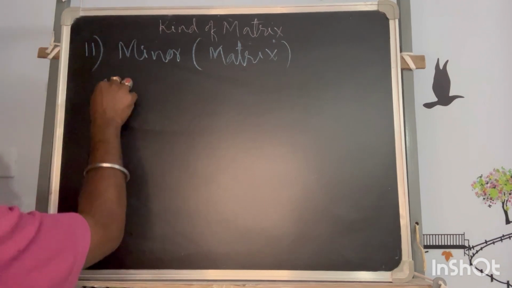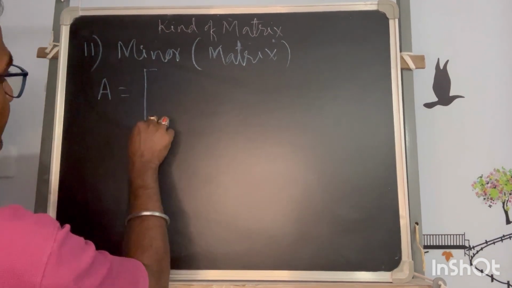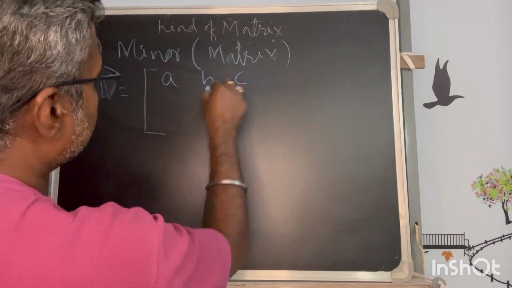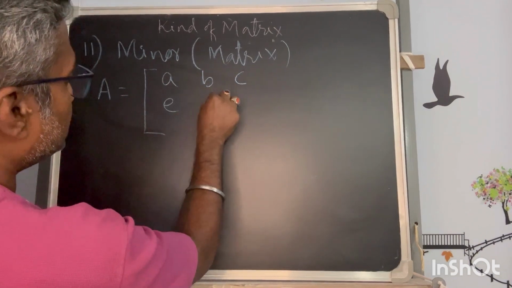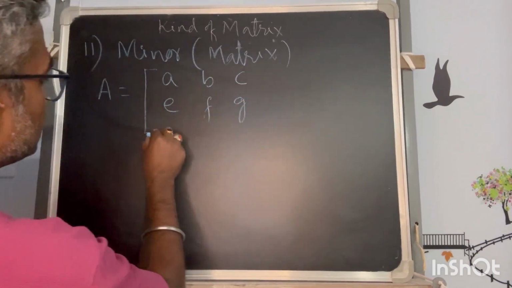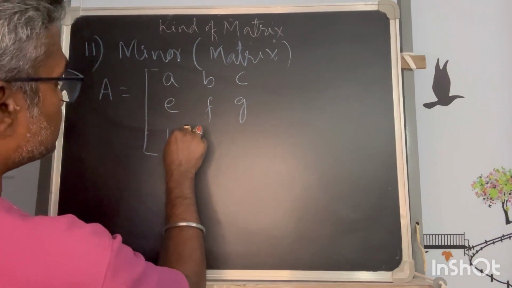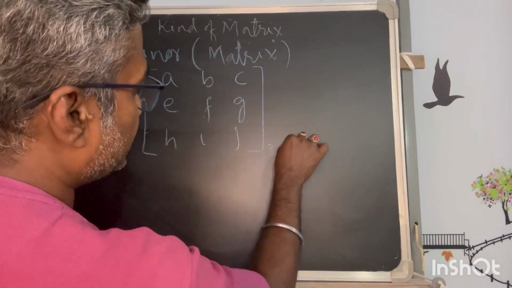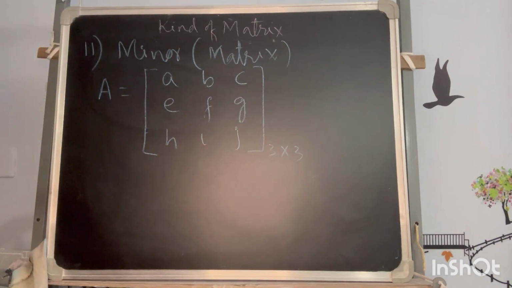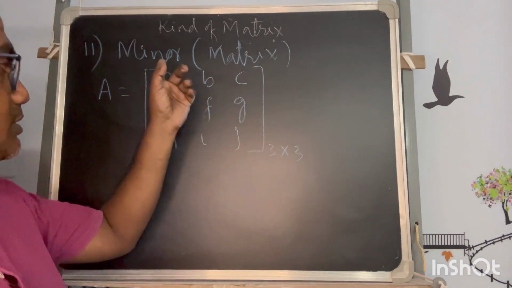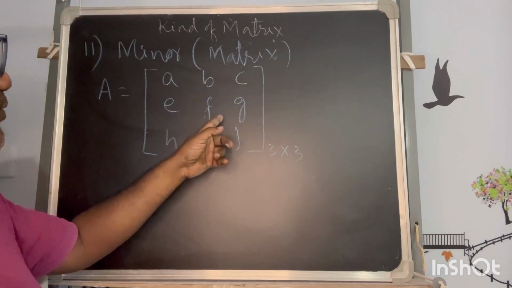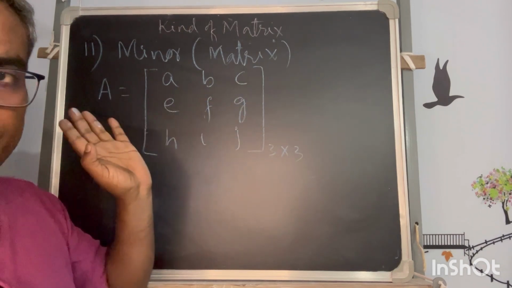Let's say a matrix is given by A in the order of 3 cross 3: A, B, C, E, F, G, H, I, J. As you know, 3 cross 3 means 3 rows and 3 columns. Here the elements are A, B, C, E, F, G, H, I, J.